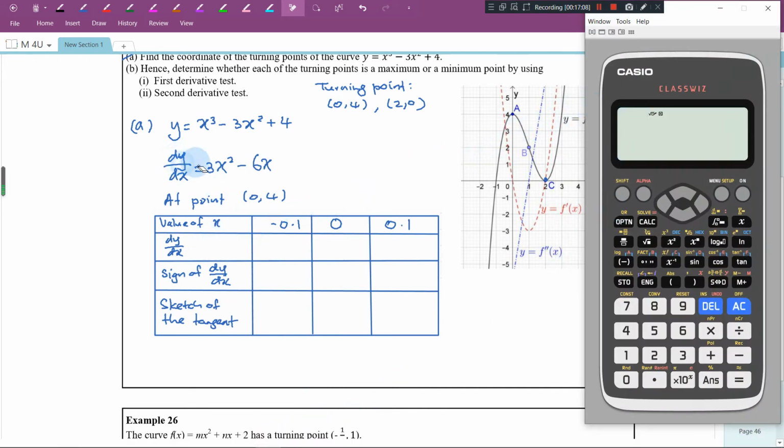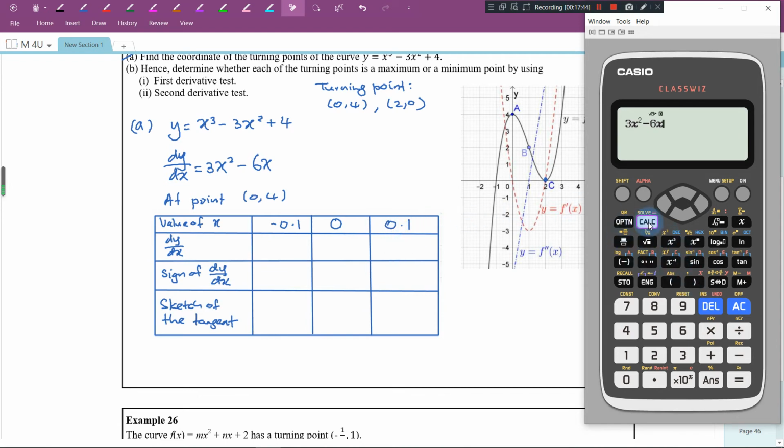We are going to use this gradient function to get the sign of dy/dx. What you need to do is just key in this function, 3x squared minus 6x. Then you ask the calculator to calculate, when x is equal to negative 0.1, what is the value of dy/dx? And when x is equal to 0.1, what is the value of dy/dx?